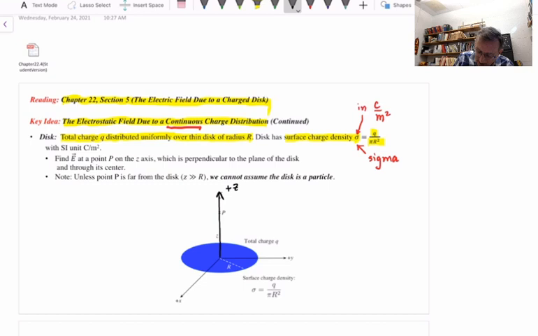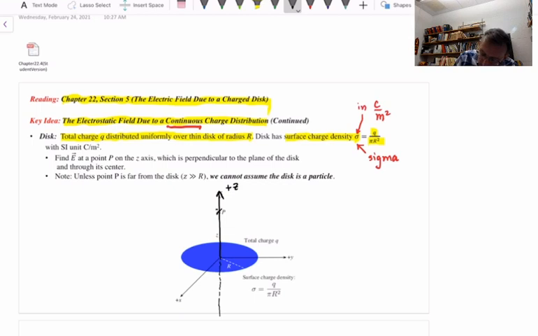So the negative z-axis would go down below the disk. And then we have picked an arbitrary point P on the z-axis that is a distance z from the origin. And we want to find the electric field E at that point, P. What is the E vector at that point, P?